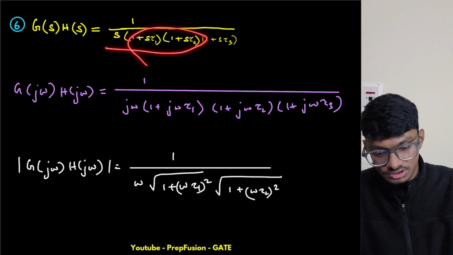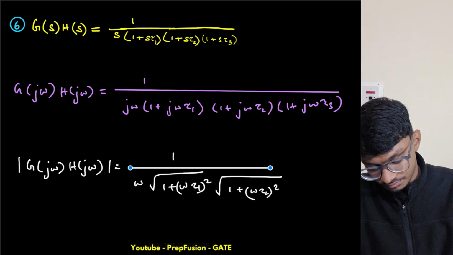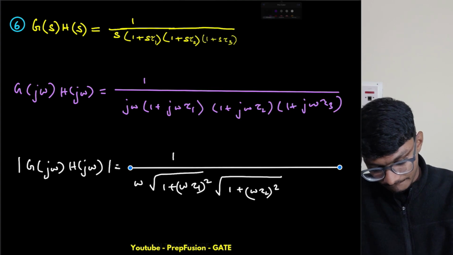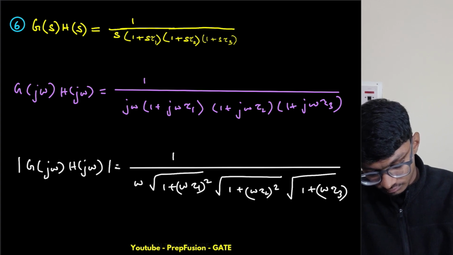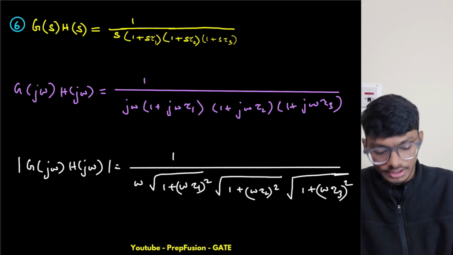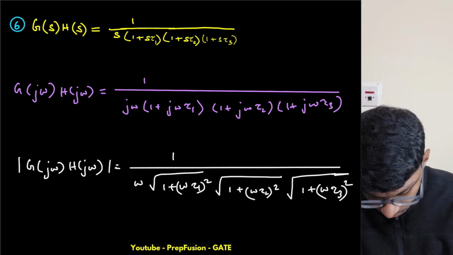This magnitude part is the same, only this one extra magnitude term with omega tau 3 will get added. So this is the magnitude basically.